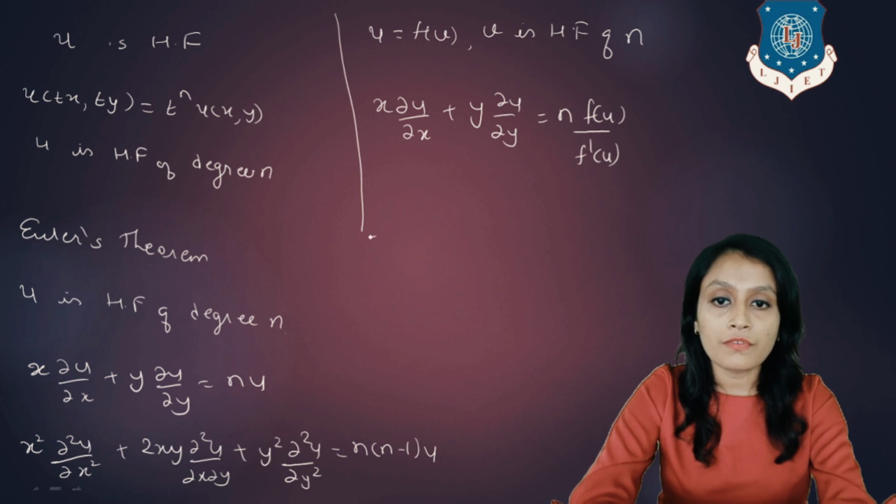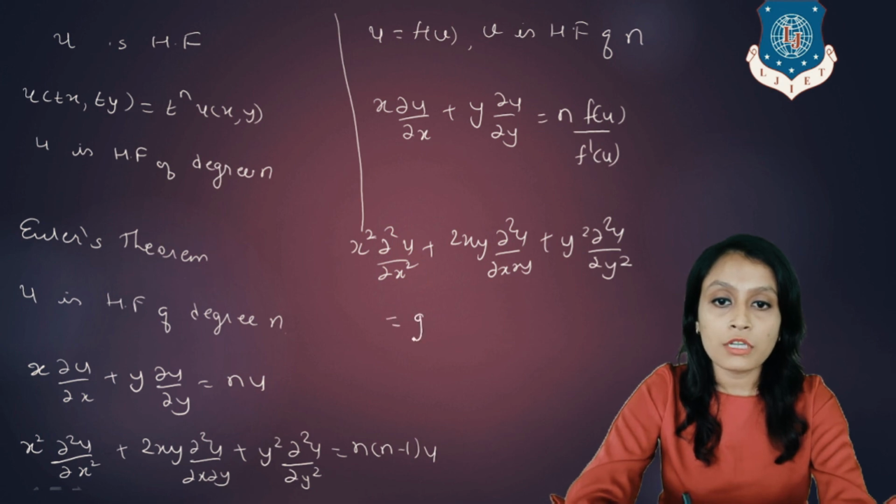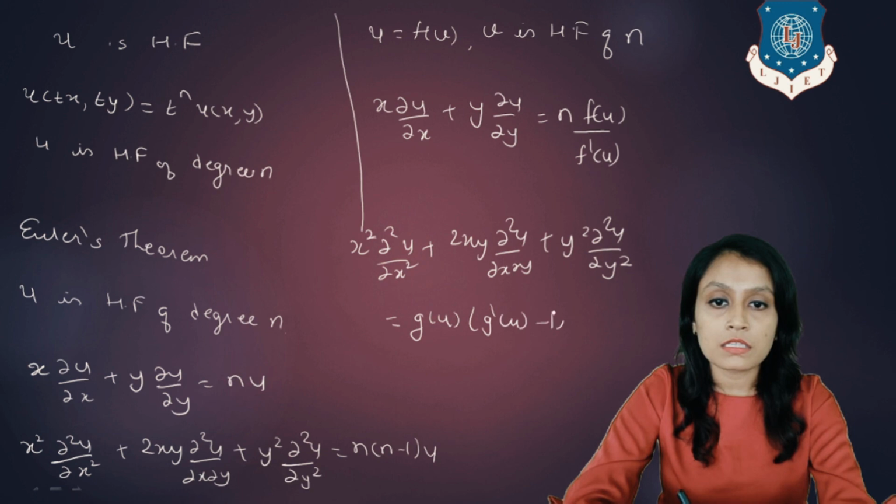Okay, and to find this x square del square u by del x square plus 2xy del square u by del x del y plus y square del square u by del y square, so the formula is what? g(u) into g'(u) minus 1.